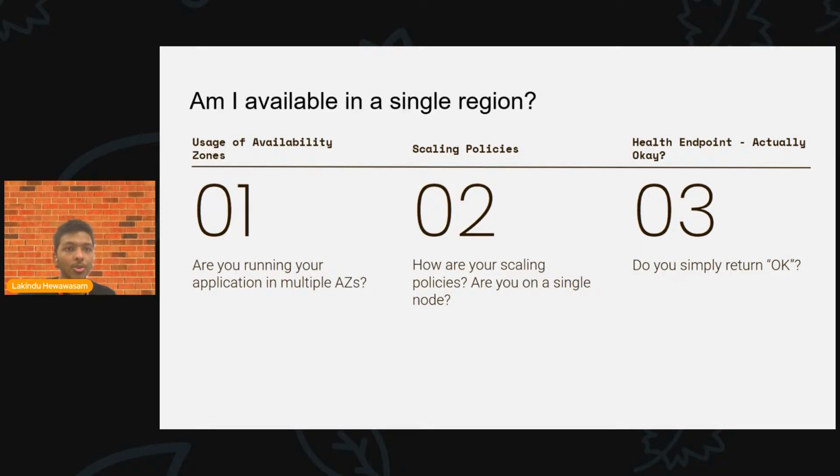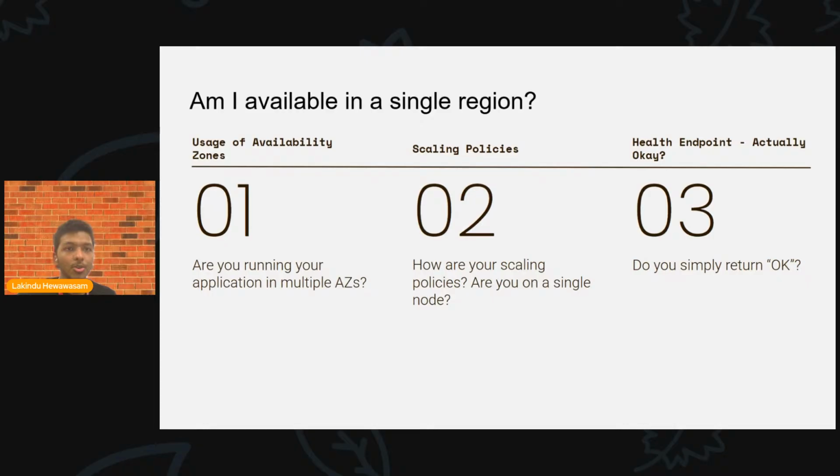Now, in most cases, what we generally see is you have a health endpoint, which is like api.com/health, that simply returns an OK with a response code of 200. But that doesn't really tell you what's happening inside your system. So you have to consider if your databases are healthy, if your third-party integrations are up and running, if your message buses are working.